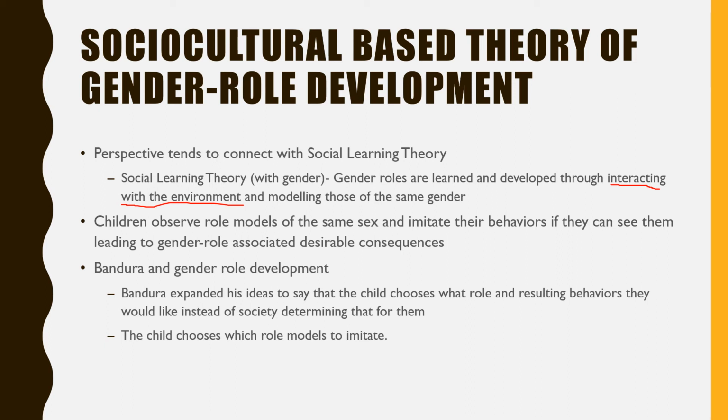Bandura, who came up with this theory, expanded his ideas to say that the child chooses what role and resulting behaviors they would like instead of society determining that for them. The child chooses which role models to imitate, right? They could choose someone who's heavily masculine as deemed by society, someone who is considered less masculine, someone who's considered feminine or very feminine. All of these choices of whose information they are paying attention to really can change their behaviors.